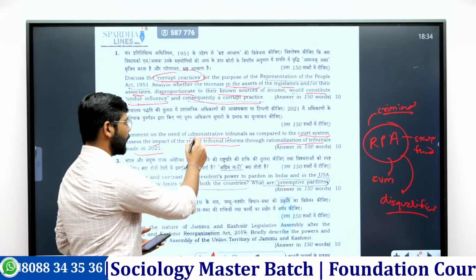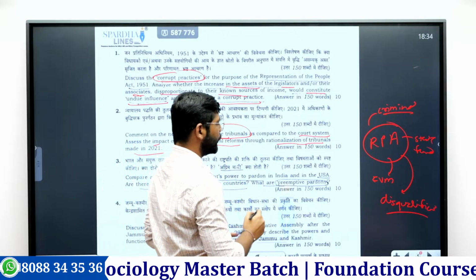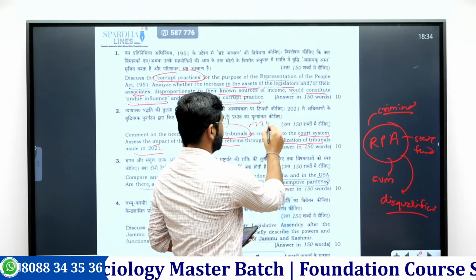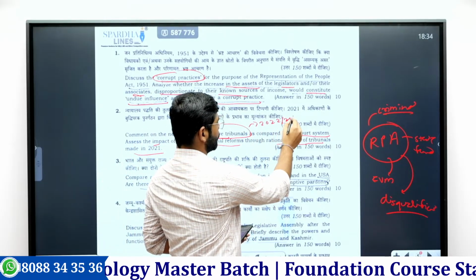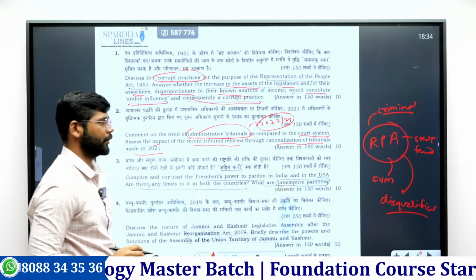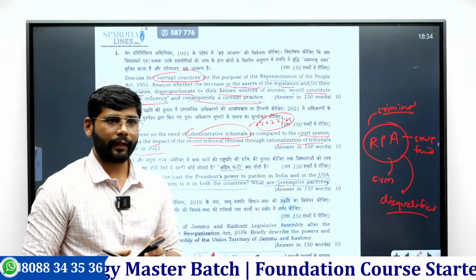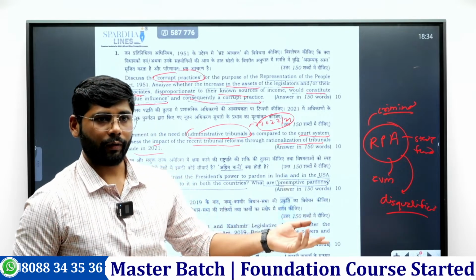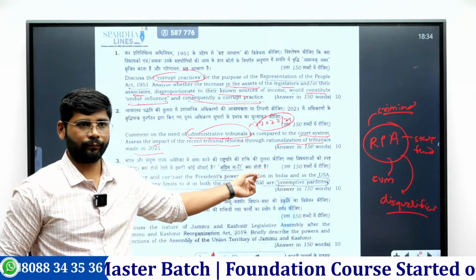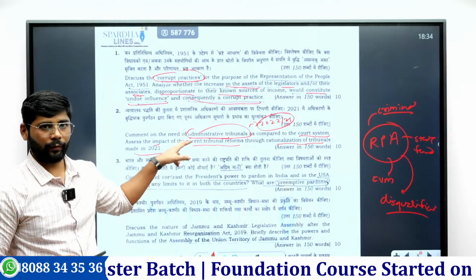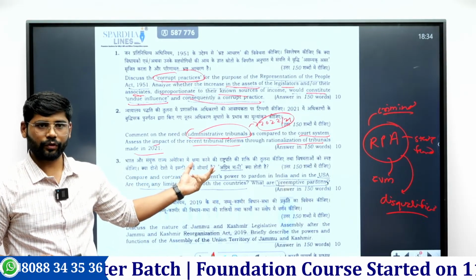And on administrative tribunals, I guess in 2020 or 21, they asked the same question: whether the administrative tribunal is overshadowing the court system or not. So the previous year question is important.